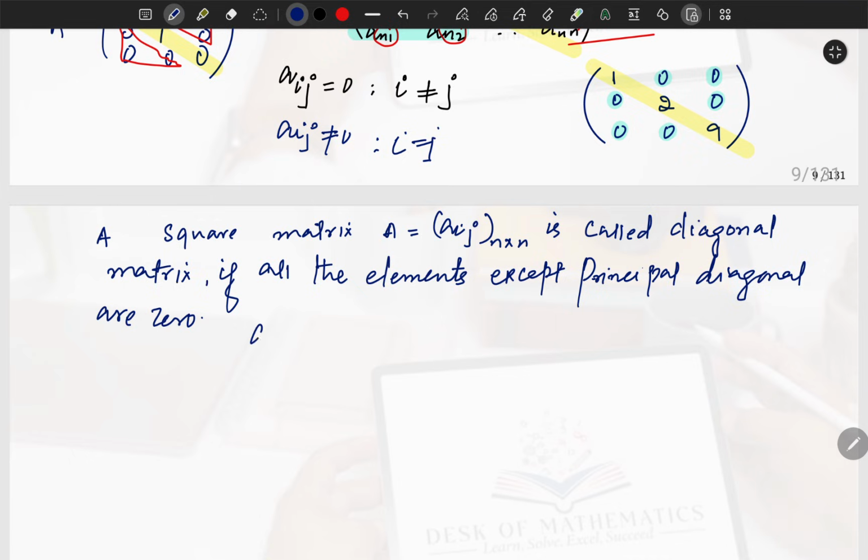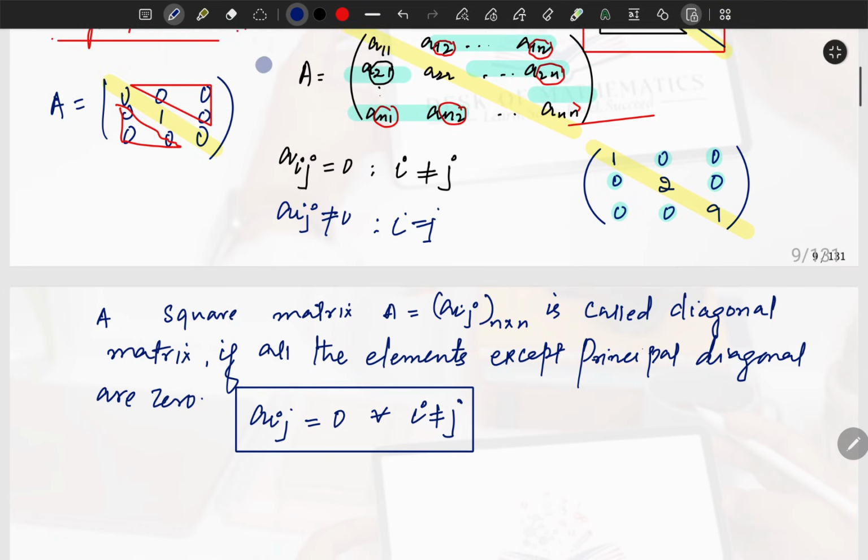So you can say Aij is 0 for all i not equal to j. This is the main condition. Then we say it is a diagonal matrix.